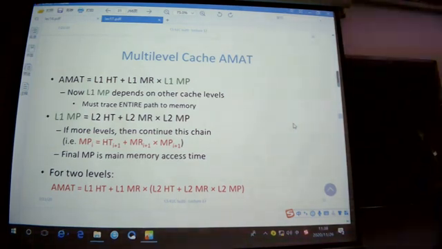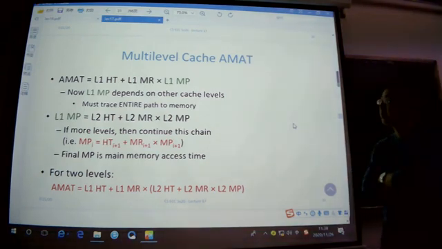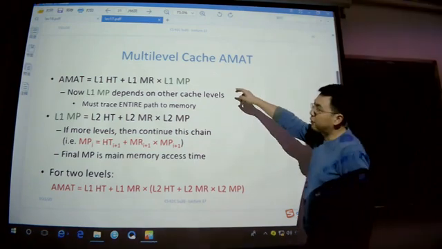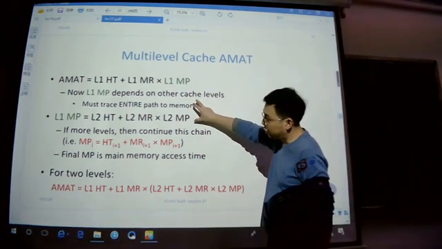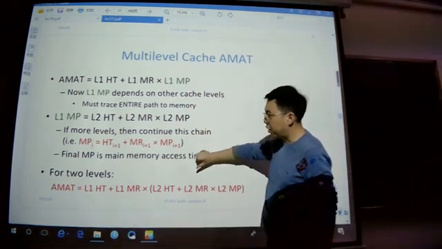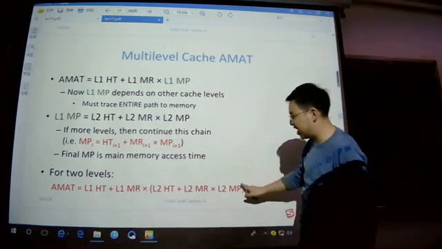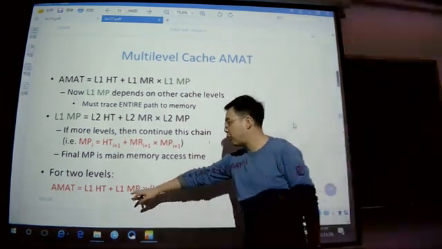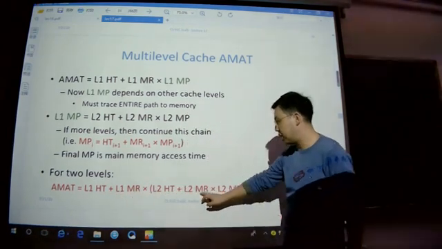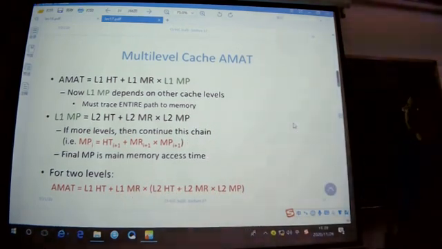Yeah, this is the equation and the calculation. This is level 1, this is level 2, and you can find for 2 levels we can use this equation. Level 1 and level 2. So this is the final calculation.